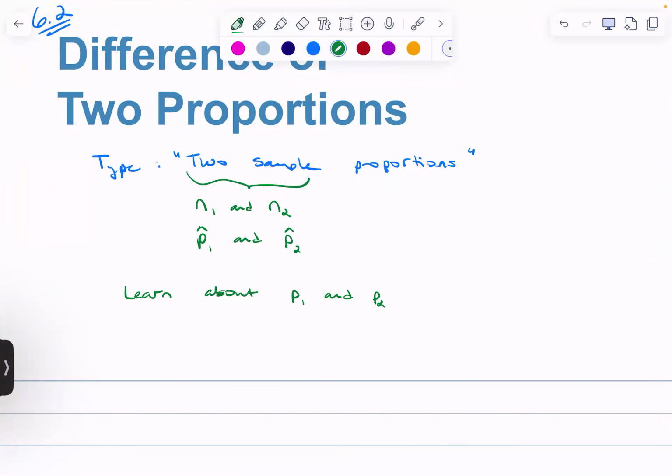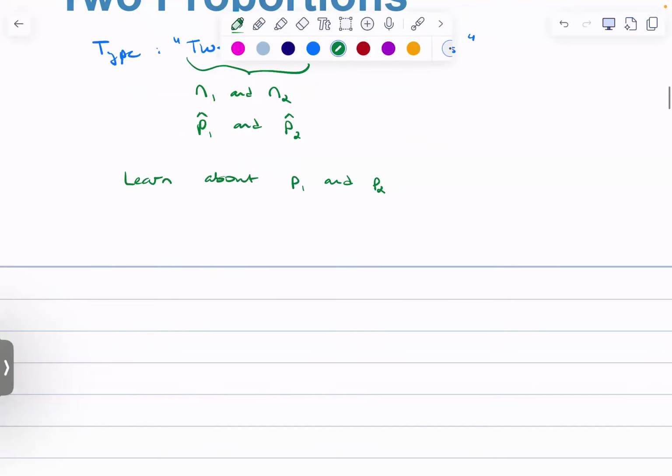But we want to learn about P1 and P2 and specifically how they compare. What do we know about our null hypothesis?